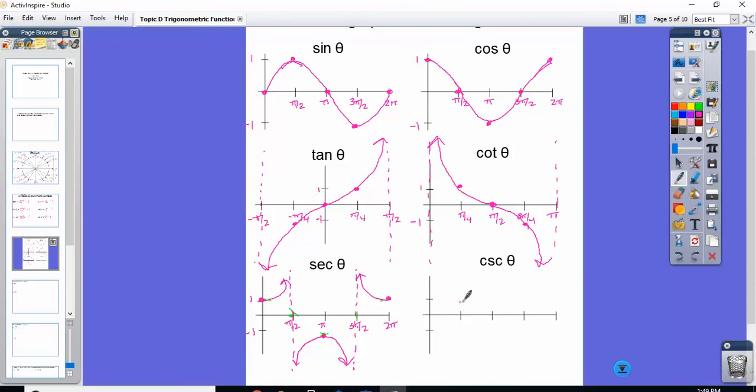Cosecant, reciprocal of sine. So we're going to lightly graph our sine to start. Okay, so sine of 0 is 0.